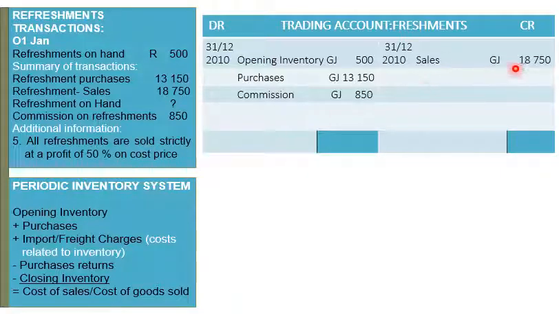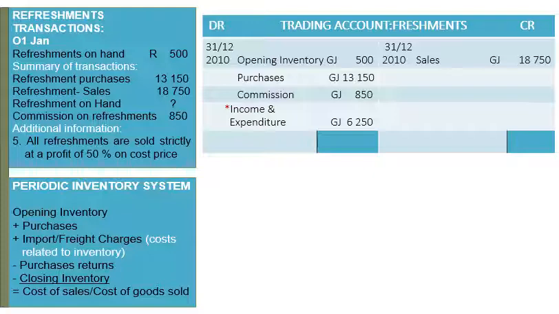We are given the sales in rands. We will therefore use a calculation as follows. We will take the sales in rands, 18,750, divide it by the sales percentage, 150, multiply it by 50 to arrive at the gross profit of 6,250, which will be interpreted in the trading account as income and expenditure.